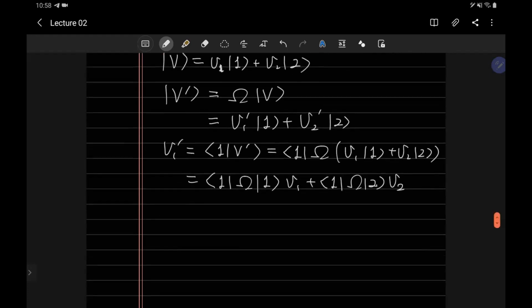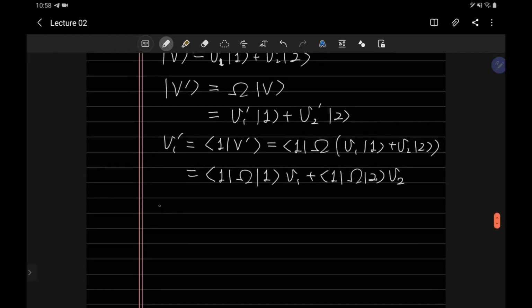And if we represent the new vector as a column vector, it will be v sub 1 prime and v sub 2 prime. And what's the relation to the original v sub 1 and v sub 2? It is obvious that v sub 1 prime is this.